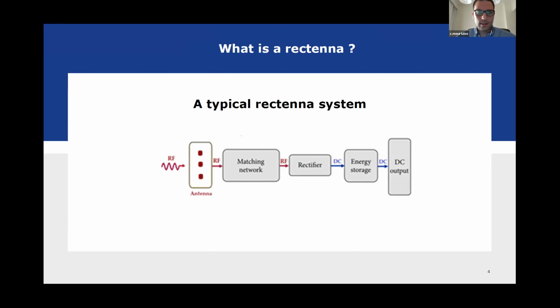The front-end subsystem of a rectenna is an antenna, which captures the surrounding RF signal and directs it to a matching network if necessary, which optimizes the power transfer from the antenna to the rectifier. The rectifier is a unit that transforms AC signal to DC. And finally, we have the energy storage unit.